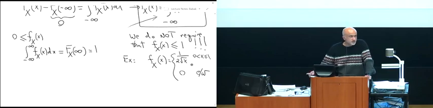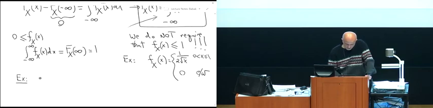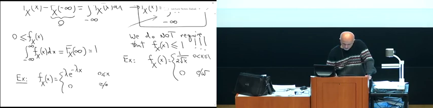Is it a useful PDF? Not really. Here's a useful PDF: lambda e to the minus lambda x for x greater than or equal to 0 and 0 elsewhere. This is called the exponential PDF.